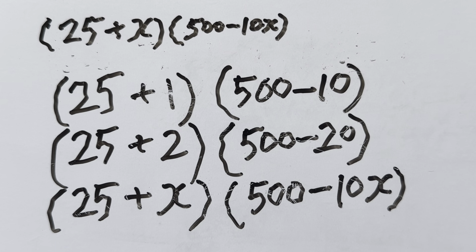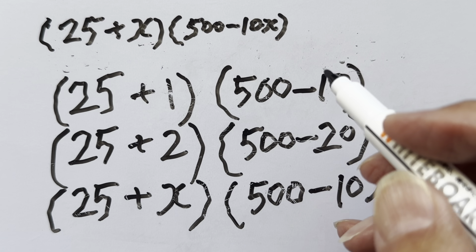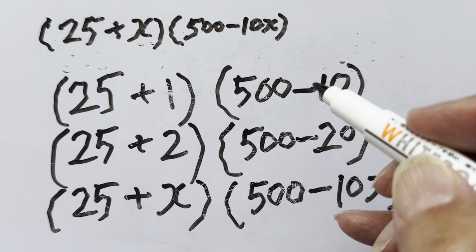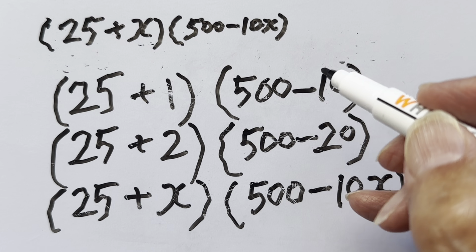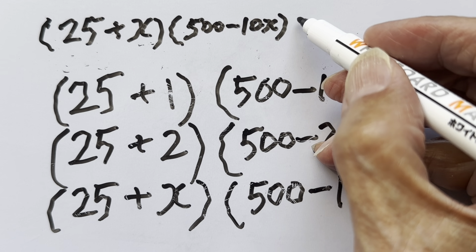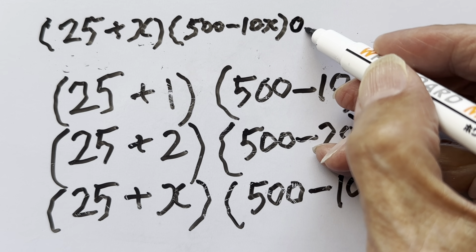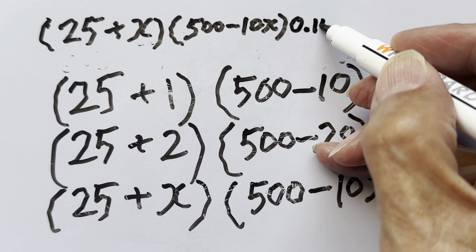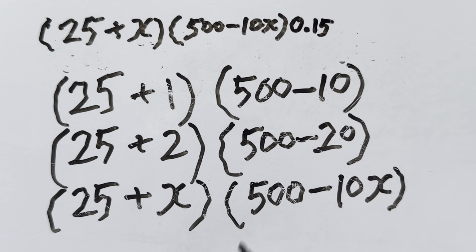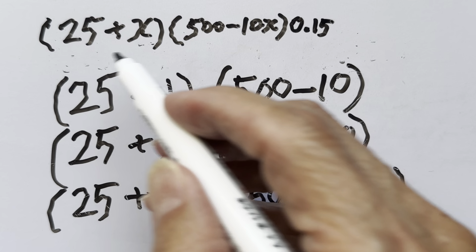Each one is 15 cents, so you must multiply by 15 cents to get the income. Multiply that. So this is the income.